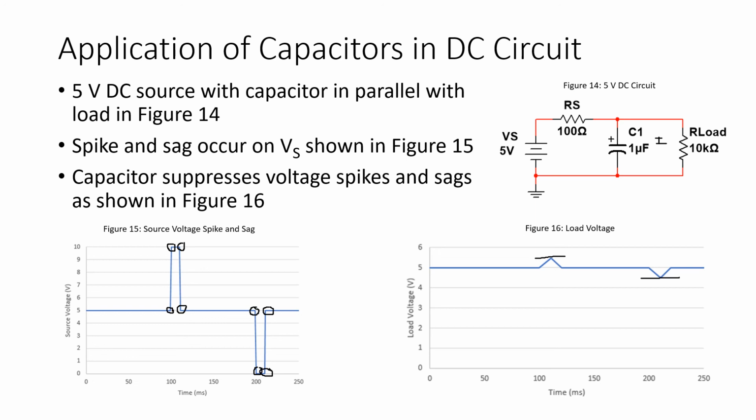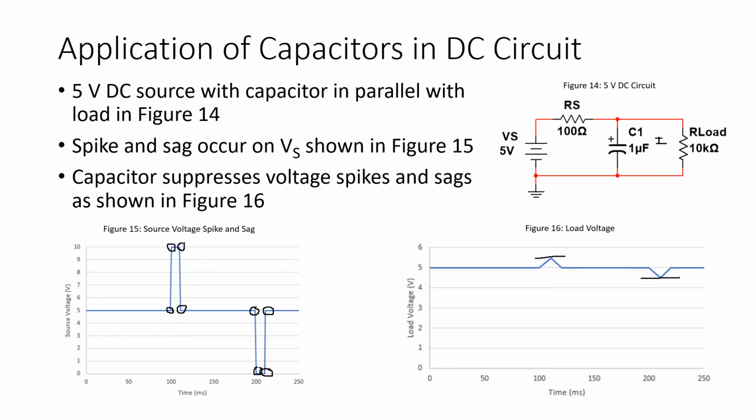So in this presentation, we looked at the time constant for RC circuits, the charging and discharging of a capacitor in a circuit with a DC source, and we looked at the response of RC circuits with a pulse source. We looked at a similar circuit where the pulse period is 1/10 of the time constant of the circuit.